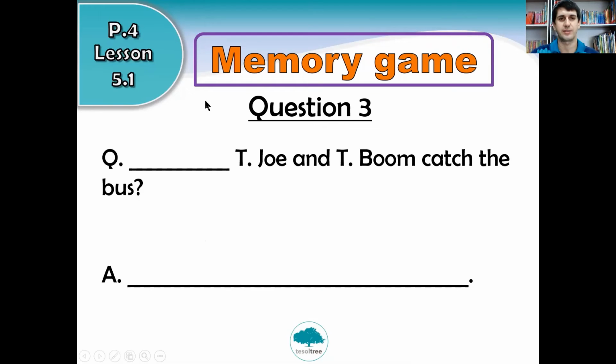Number 3. Now this one, Teacher Joe and Teacher Boom catch the bus. So 2 people. Do we think do or does? 3, 2, 1. Do. Do Teacher Joe and Teacher Boom catch the bus? Yes, they do.